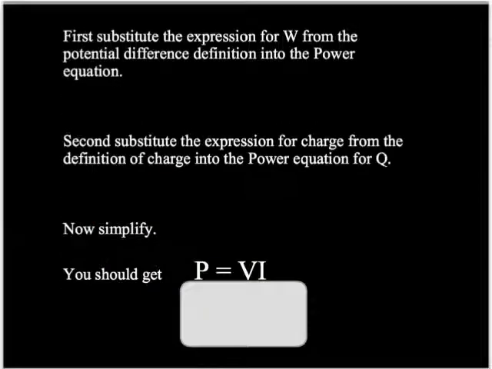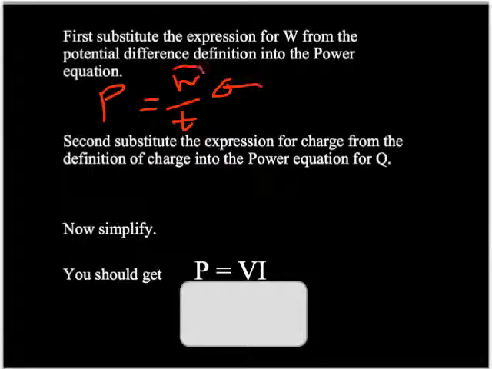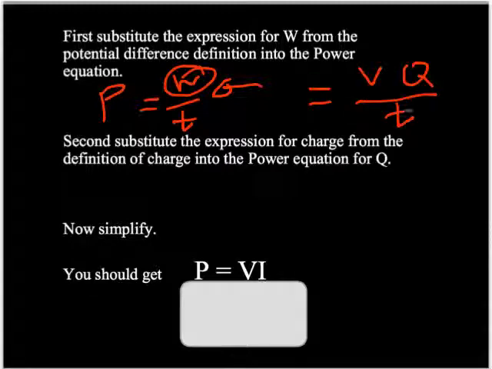Now, if we put the expression for work from the potential difference definition into the power equation, so power equals work over time, if we put into there our VQ, we will get VQ divided by time.